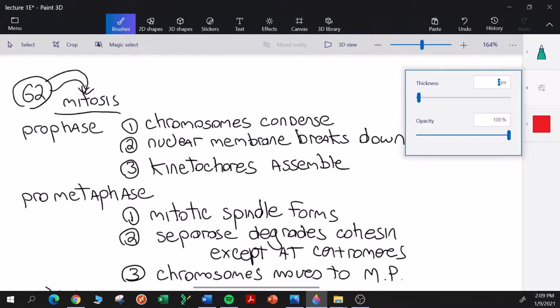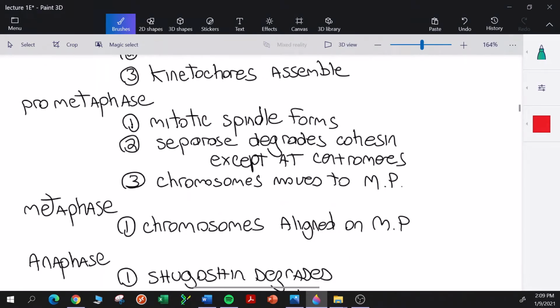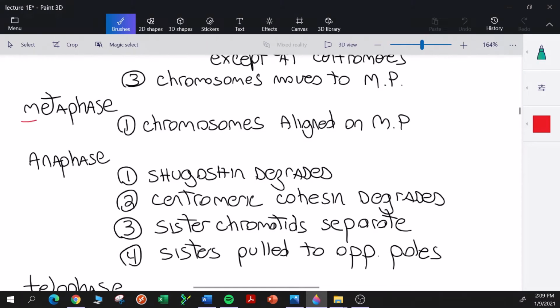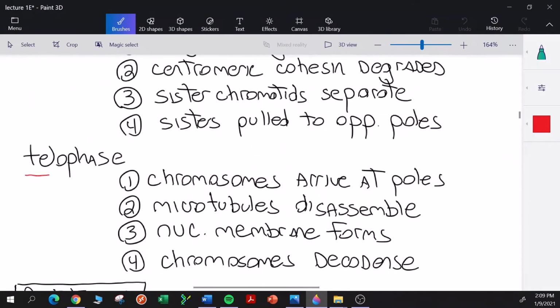We have prophase, which is followed by prometaphase. Then comes metaphase, then anaphase, and then telophase.